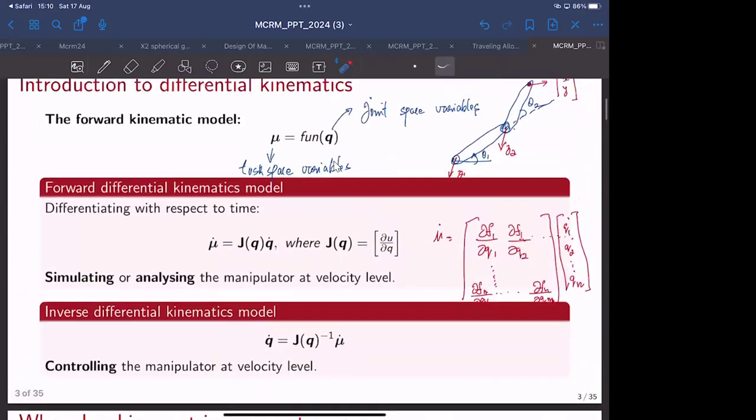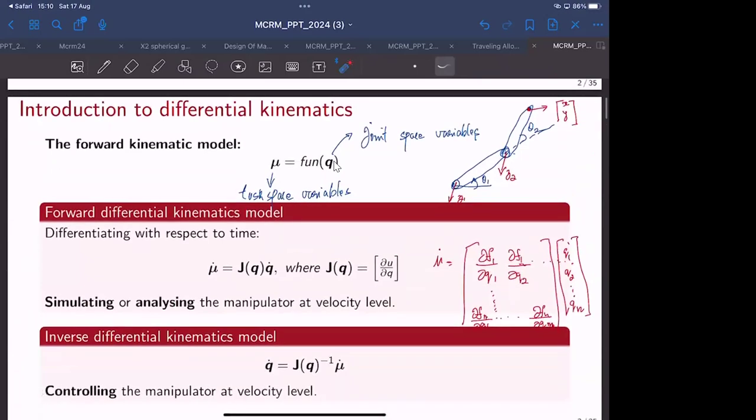Okay, so typically, in robotic manipulators such as what we have analyzed here, the number of task space variables is 2, x and y, and the number of joint variables is the same, theta 1 and theta 2. So the number of task space and joint space variables in typical robotic manipulators are equal, which makes the Jacobian a square matrix.